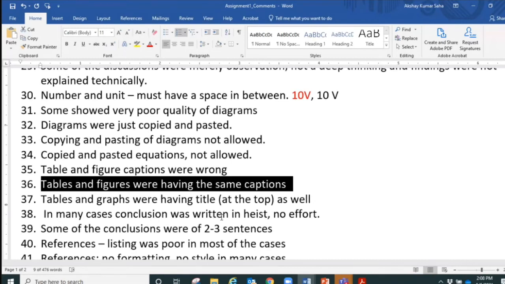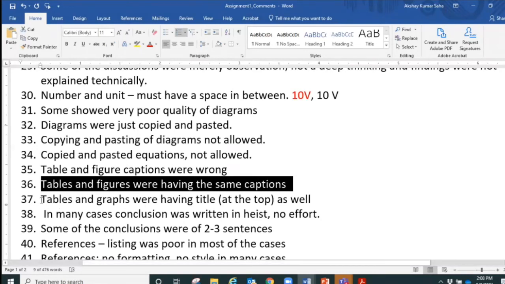If Luvo has a brother, I don't know if he has a brother, elder or younger, none of them can have the same name as Luvo. It's the same thing in any report, paper, article, or document. No two tables or figures can have the same name, but you are giving the same name.